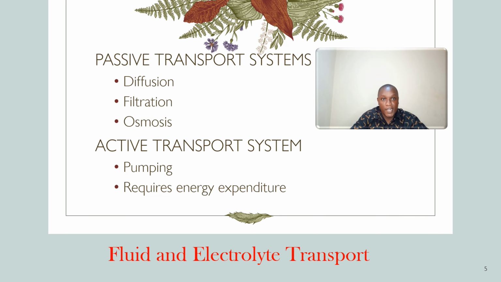Fluid and electrolyte transport: we have the passive transport system and the active transport system. The passive transport system is diffusion, filtration, and osmosis. But the active transport system is like pumping, and it requires expenditure of energy, that is ATP.